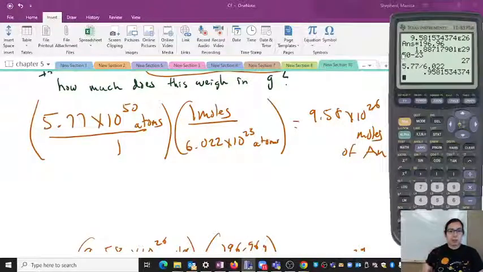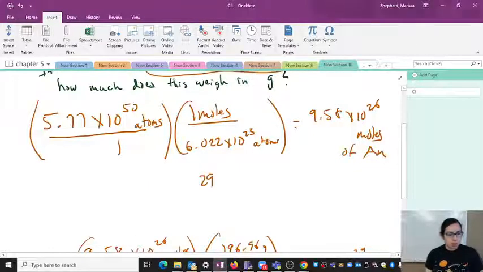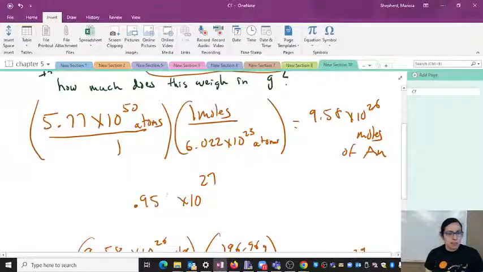But going back to what you're trying to ask, we get 27, so times 10 to the 27, and then dividing those gives 0.958 times 10 to the 27th. But you wouldn't want to leave it like that. It's an okay answer, but it doesn't follow our sig fig rules or scientific notation rules, where you have one number and then your exponent.